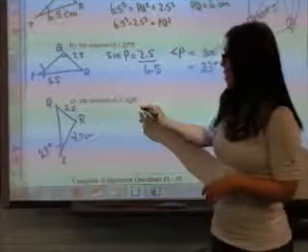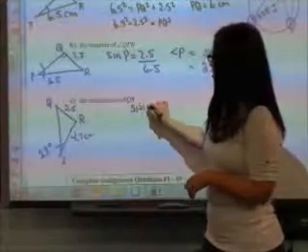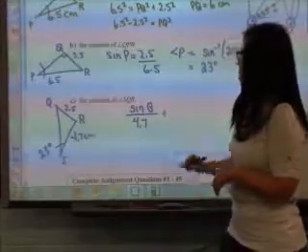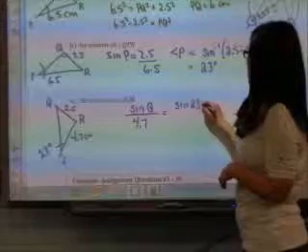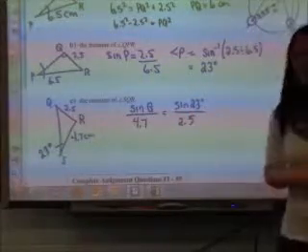So I want to find out angle Q. So that would be sine Q is to side Q, which is 4.7, as sine 23 degrees is to 2.5.